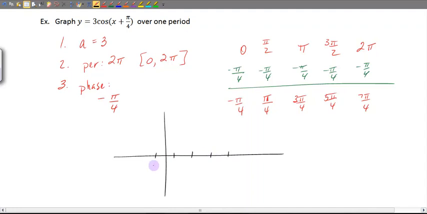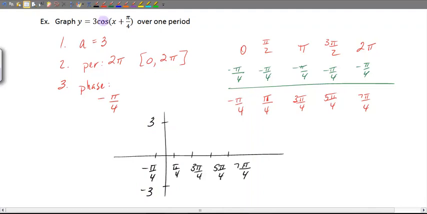So I know that the left-hand side over here is going to be negative pi over 4, then pi over 4, 3 pi over 4, 5 pi over 4, and finally 7 pi over 4. I know I have an amplitude of 3, so I need a 3 and a negative 3. And that's all I really need to know, and I'm ready to graph it.